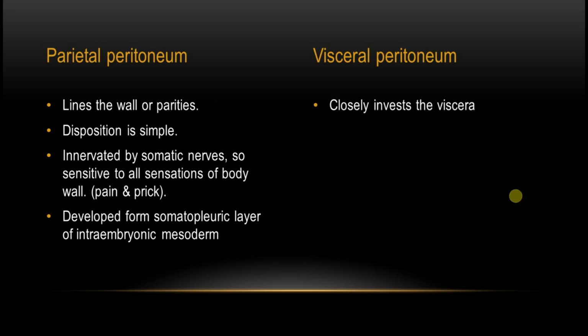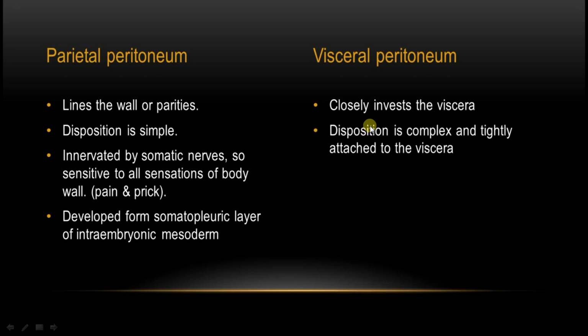The visceral peritoneum, when the parietal one is lining the wall or the parietes, this will line the viscera. The serosa, the outermost layer of most of your gastrointestinal organs, is actually the serous layer, because it is nothing but the visceral peritoneum. It has a very complex disposition, because it reflects from one viscus to another, or it might connect your viscera to the body wall, whether anterior or posterior, and so on.